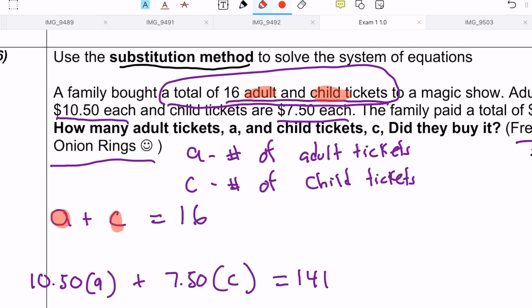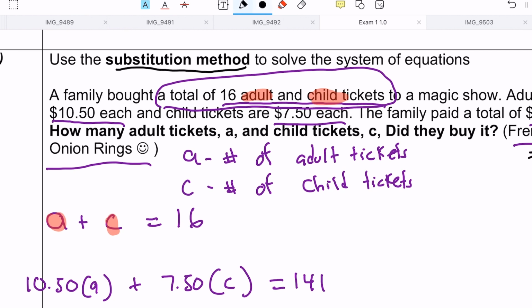So I'm going to subtract either A or C. It doesn't matter. Let's say I'm going to bring C to the other side. I'm going to subtract C.